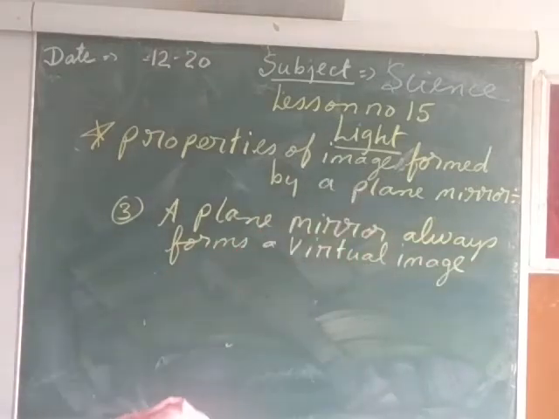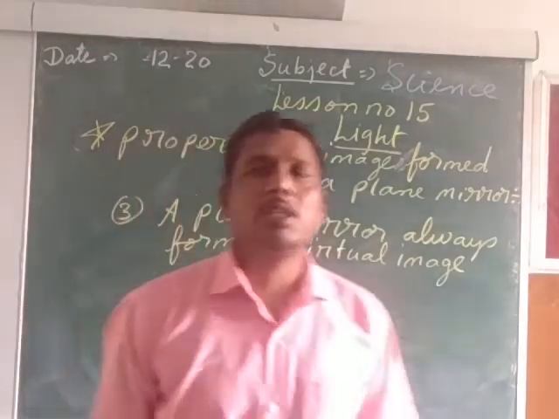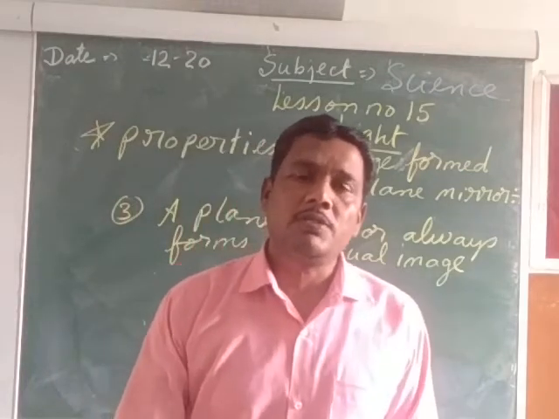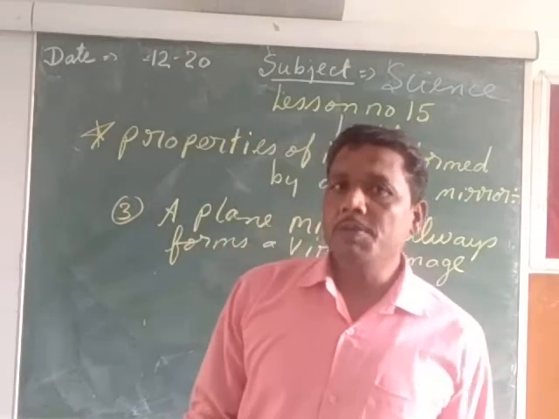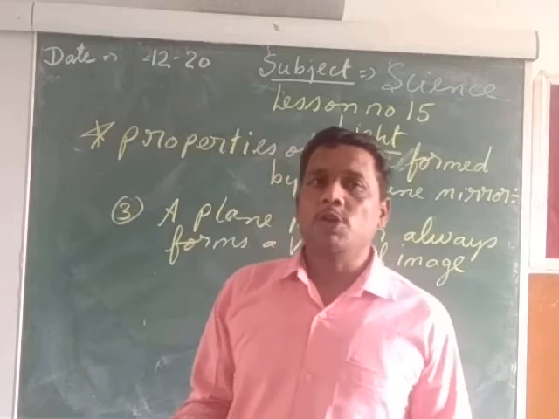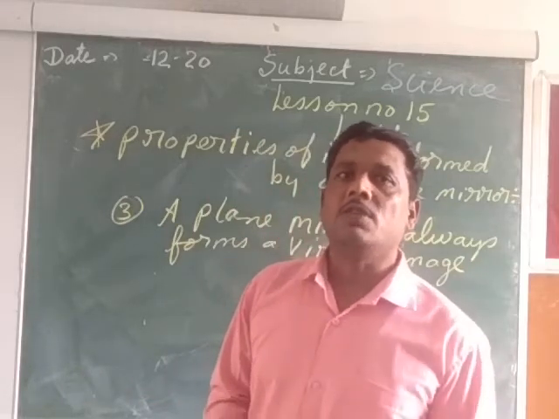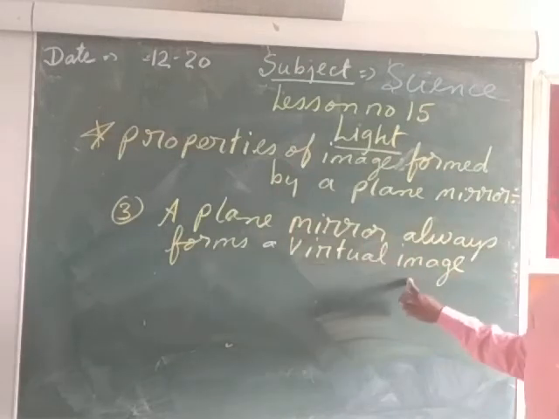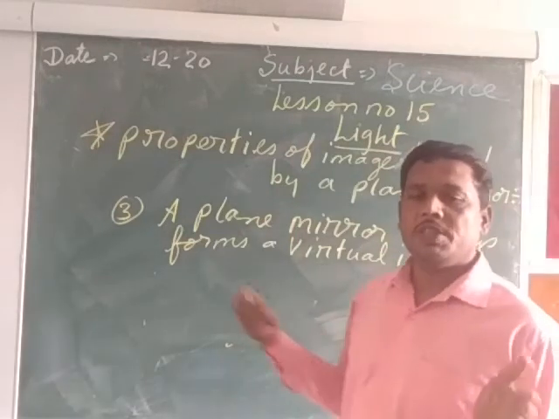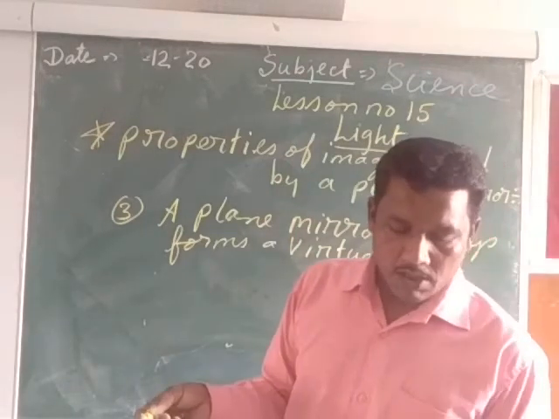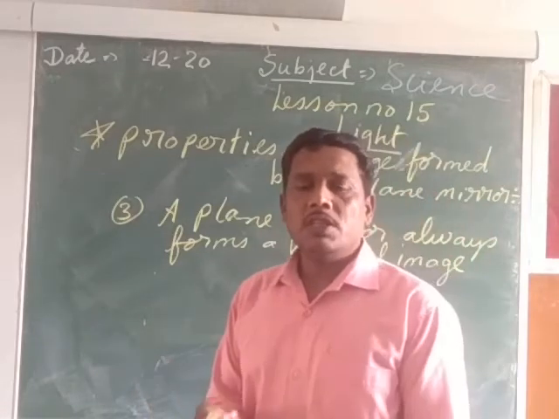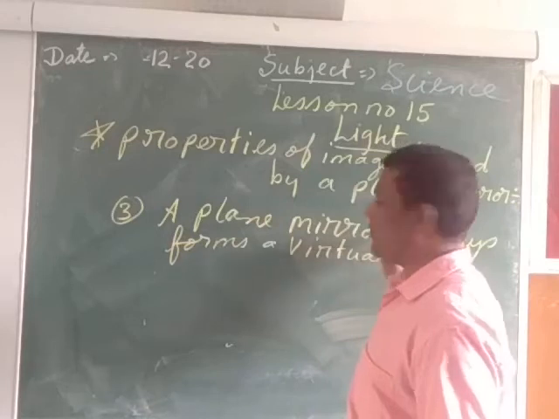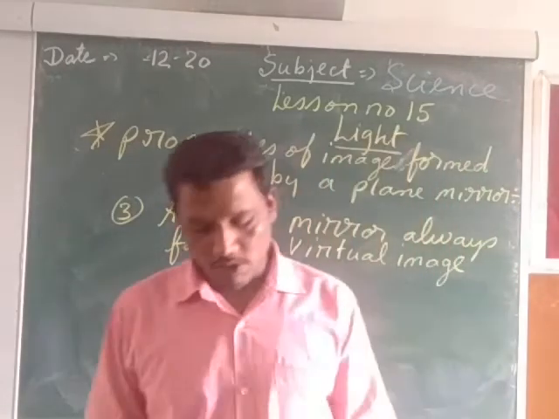The image which cannot be obtained on the screen is called a virtual image. And what is a real image? The image which can be obtained on the screen is called a real image. But a plane mirror always forms a virtual image. A virtual image is the image which cannot be obtained on the screen.